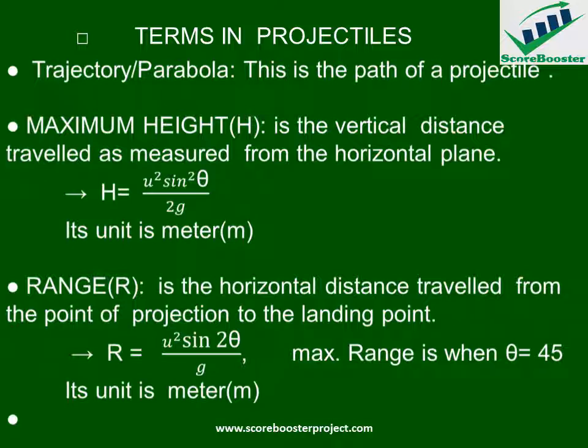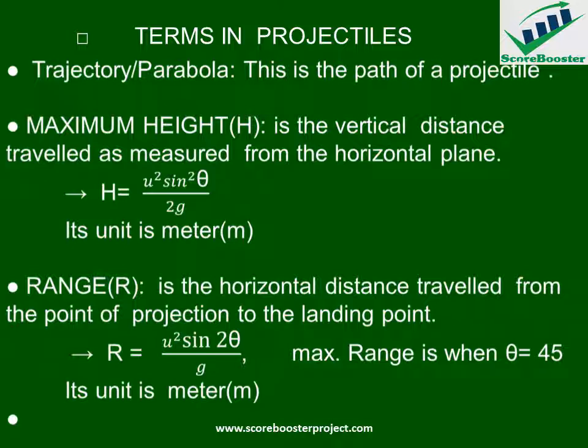Now, let's go to terms in projectile motion. Just like I said earlier, the first term we shall be considering is the trajectory or parabola, and that is the path covered by a projectile when it travels. That arc is called a trajectory or a parabola.